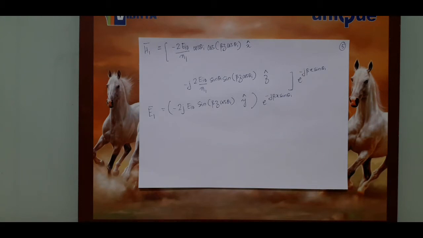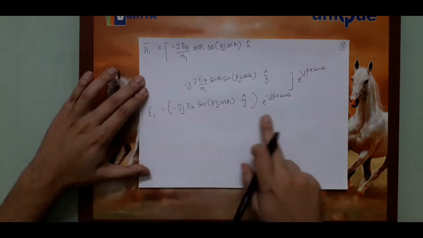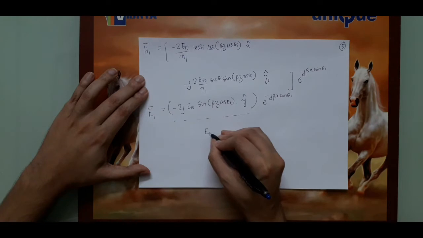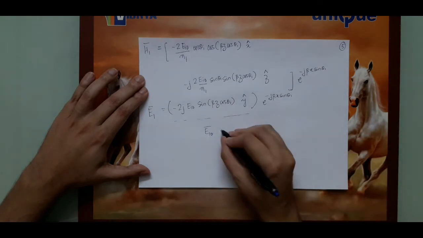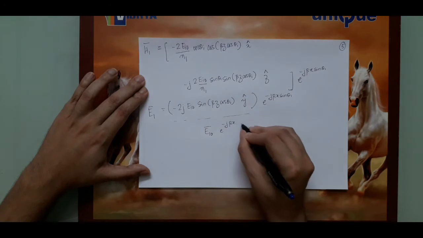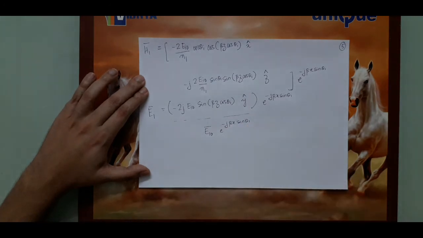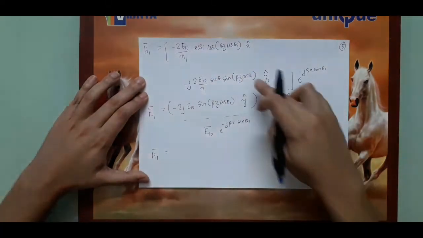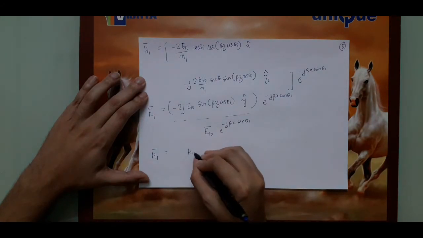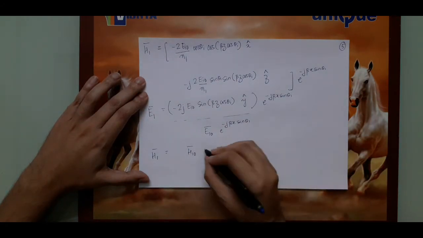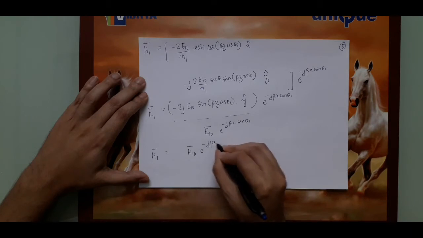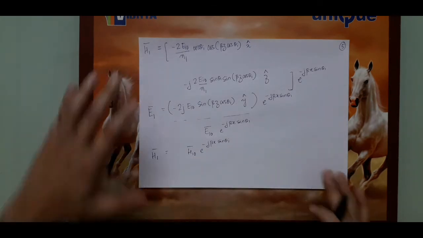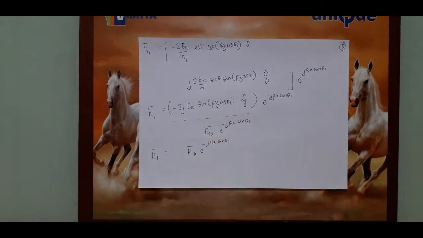Now, what I am seeing is, if I were to look at this total electric field, it is of the form of some E10 bar times e raised to minus j beta x sine theta I. And if you look at h1 bar, these two are some vector, but they correspond to some h10 bar times e raised to minus j beta x sine theta I. So now we have brought them back to the way they were looking earlier, or the form which we have been writing earlier.